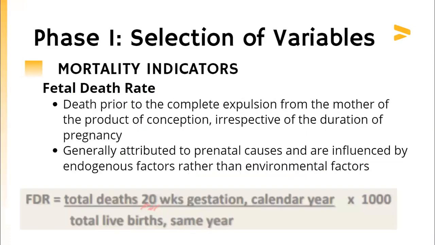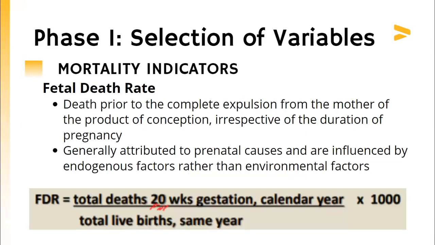And then we have what we call the fetal death rate. Your fetal death rate refers to the total number of deaths occurring at 20 weeks gestation, compared with the total live births of the same year. Class, you might be bombarded with so many formulas here, but for infant mortality rate, what I want you to remember are the specific ages we consider.